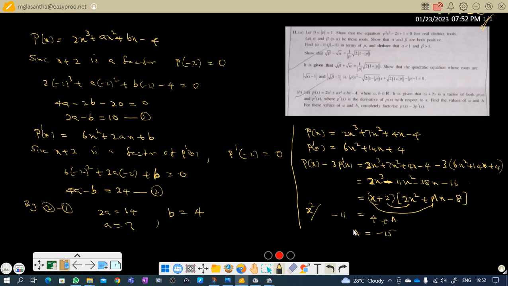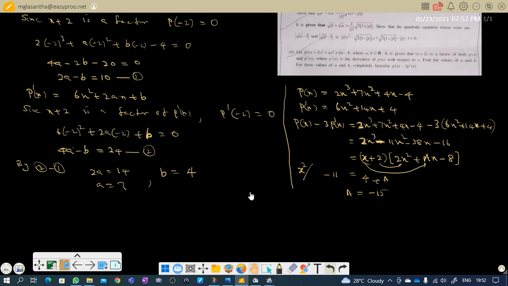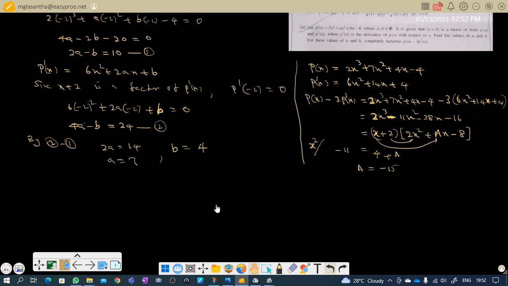So now you can write down the last factor like this. P(x) minus 3P'(x) equals (x plus 2) into (2x squared minus 15x minus 8). If you factorize this quadratic expression, very easily you can factorize.